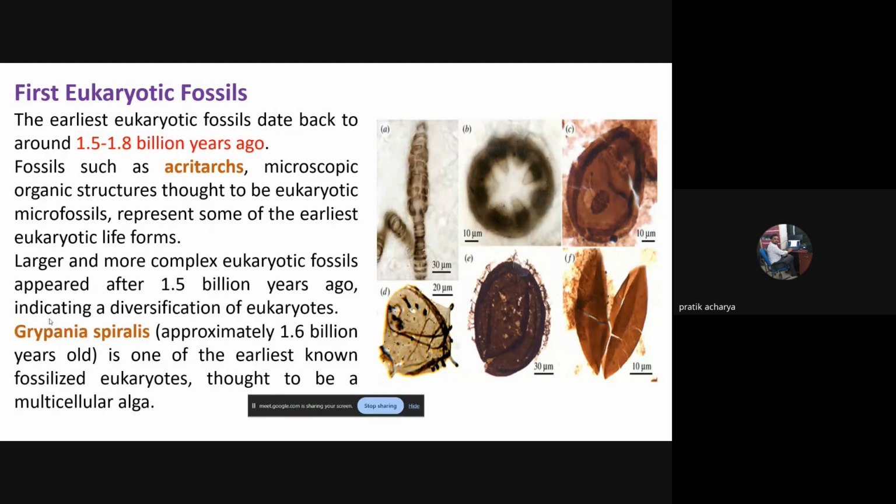But before 1.5 billion years ago, the origin of eukaryotic cells occurred. Grypania spiralis is another name of this eukaryotic fossil. They are found approximately 1.6 billion years ago. It is one of the earliest known fossils of eukaryotes, thought to be a multicellular alga. So these are certain pictures of this eukaryotic fossil.